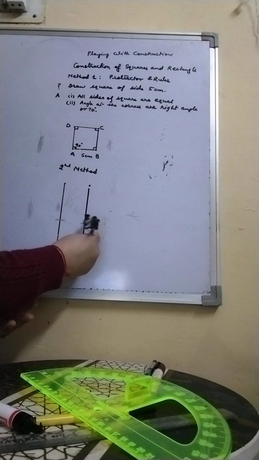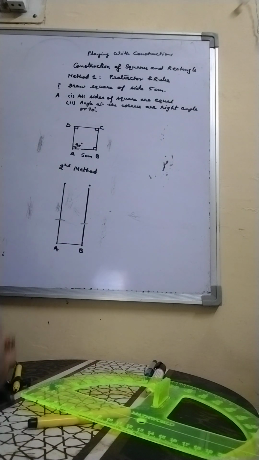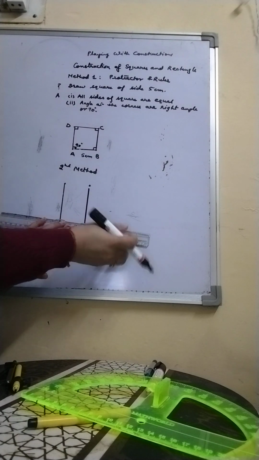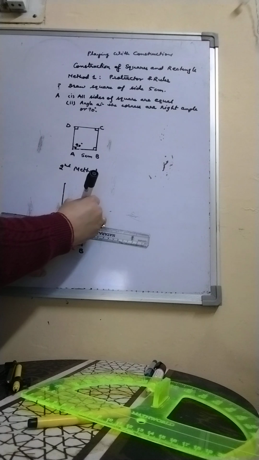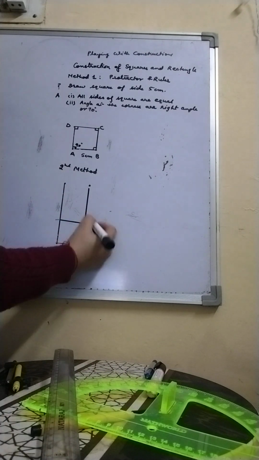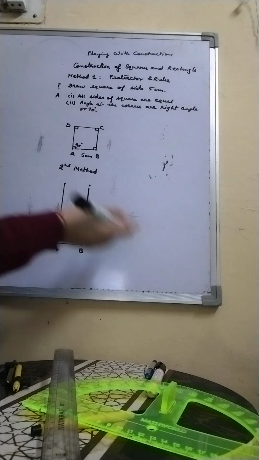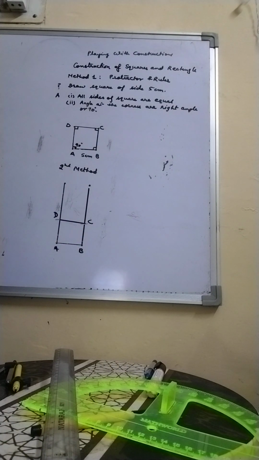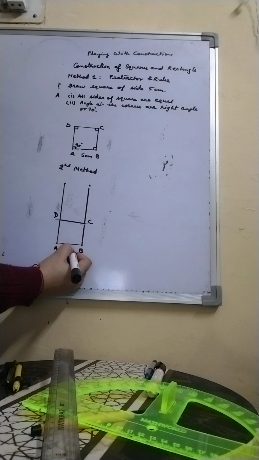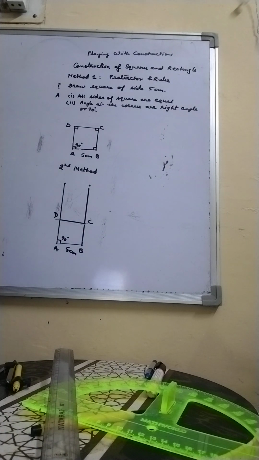So you draw an arc with the compass here and join the two arcs together and you would get the square. Now you name them A, B, C, D, or you can name them P, Q, R, S, whatever name you want to give. So this is the square that you required of 5 centimeter and 90-degree angle.